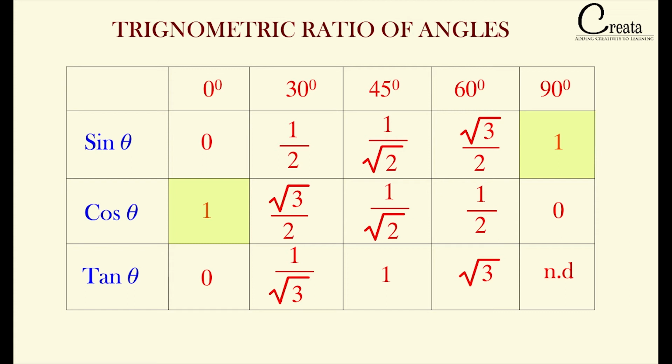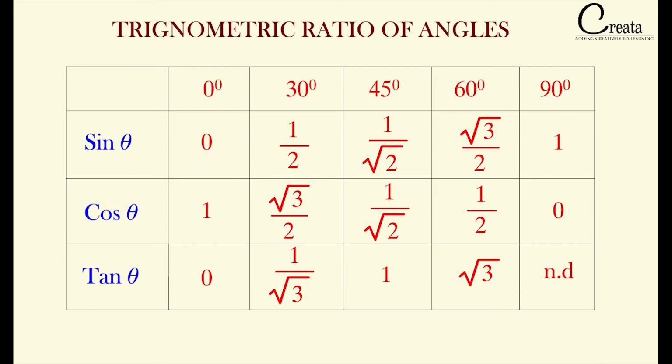This is also a technique to remember this table. If you remember the first line of sine terms, the cos terms will automatically come, but in reverse order. Just remembering the first line, that is 0, 1 by 2, 1 by root 2, root 3 by 2 and 1, cos will be the opposite, that is 1, root 3 by 2, 1 by root 2, 1 by 2 and 0.